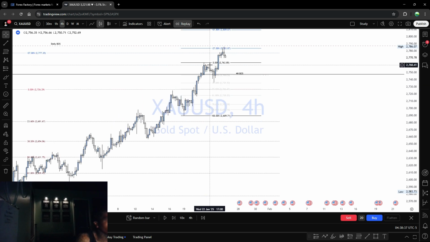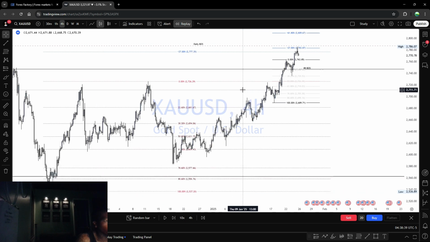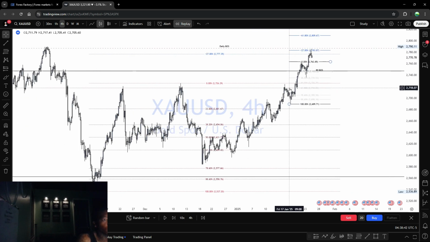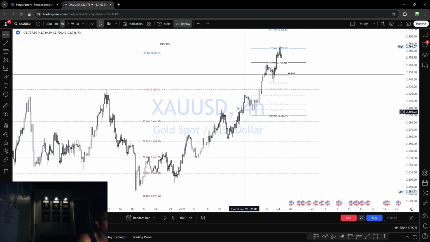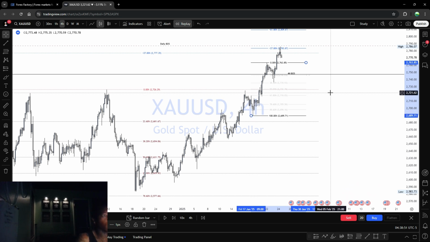Okay, that's a 4 hour field. So this will actually be different, but I'm going to leave it here because it's still relevant to price and post the correction, negative 27. We see a continuation up, we get this market structure, we can be looking to target this 61.8.